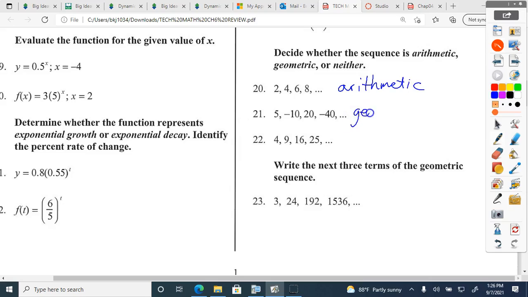So, geometric. I'm just going to abbreviate it. What about 22? Looks like they added 5, and then they added what? 7, and then they added 9. Neither. They're not adding the same thing every time. Okay?